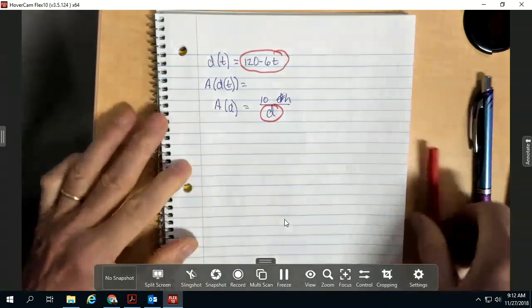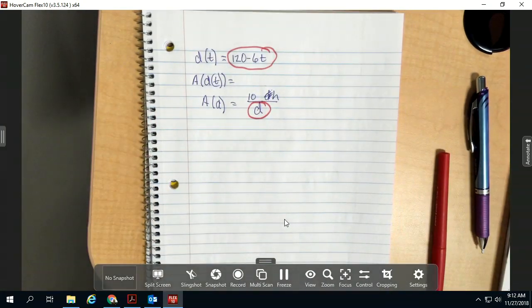See if the person sitting next to you gets the same answer you get. By now, you absolutely, positively have to be able to do this on your own. Compose these two functions. Let's just make sure you can.